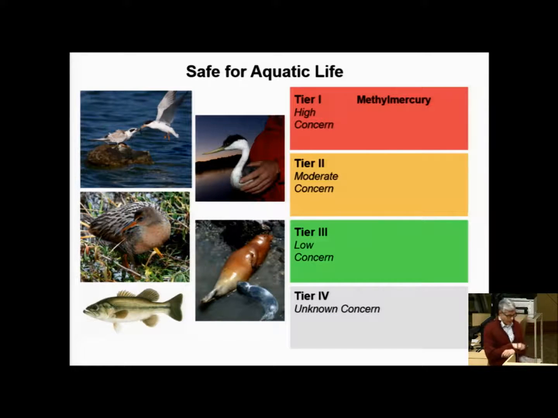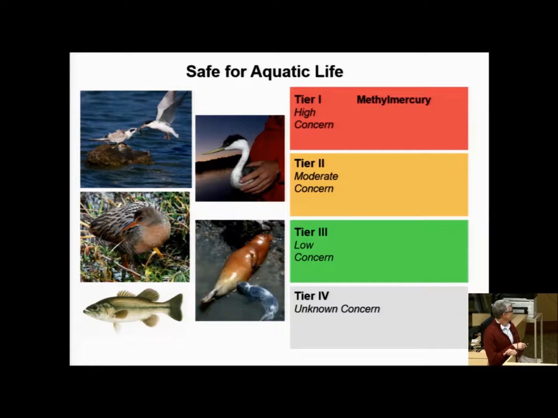On aquatic life, again, methylmercury is at the top of the list of contaminants of concern. In San Francisco Bay and across the state, we see concentrations in birds that are high enough to affect survival of embryos. And this is thought to be a significant risk to these populations.